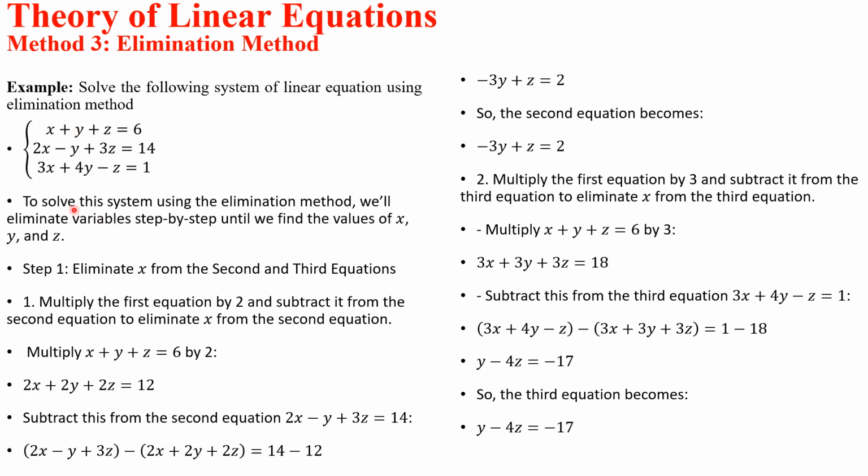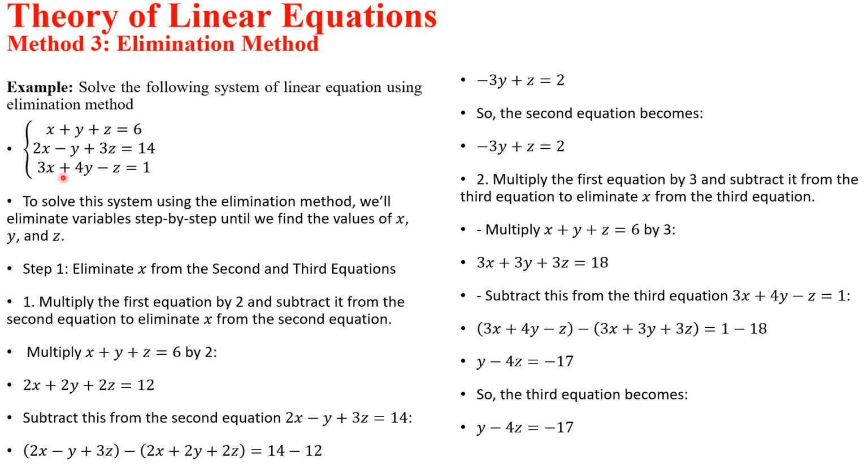Now, to solve this system using the elimination method, what we first do is eliminate the variables step by step until we find the values of x, y, and z. So first step, let's eliminate x from the second and third equations. This is the second equation, this is the third equation.